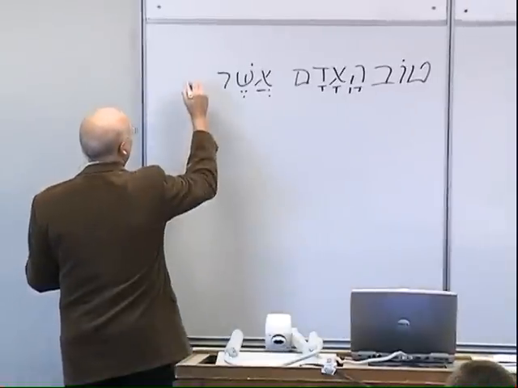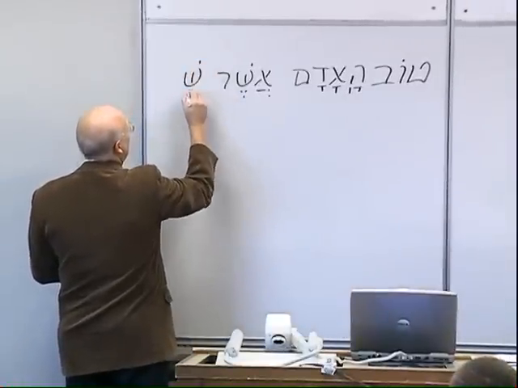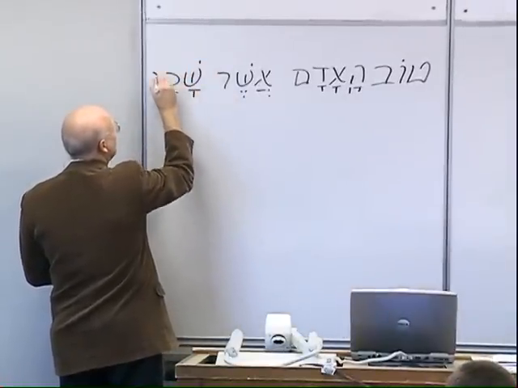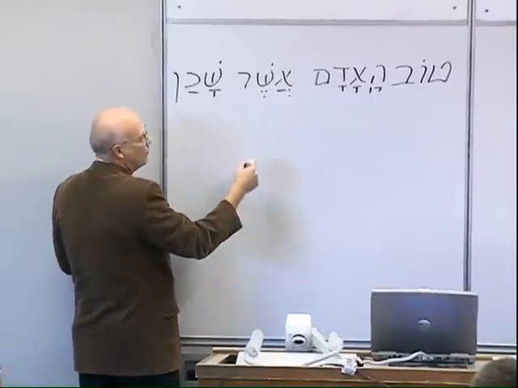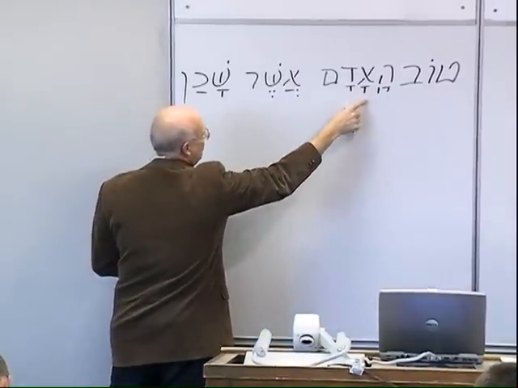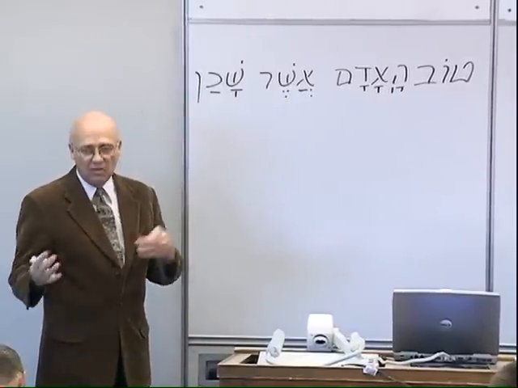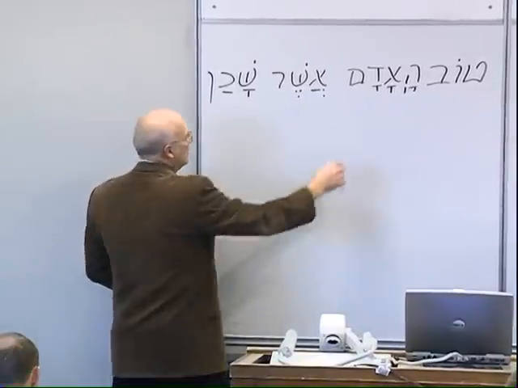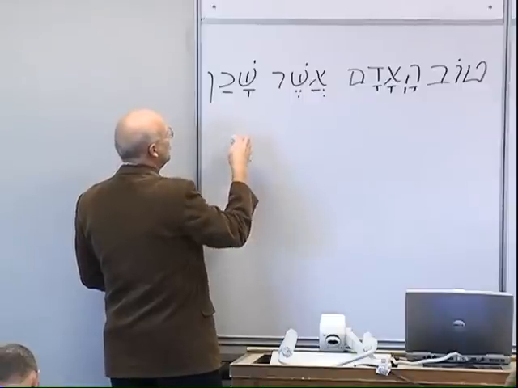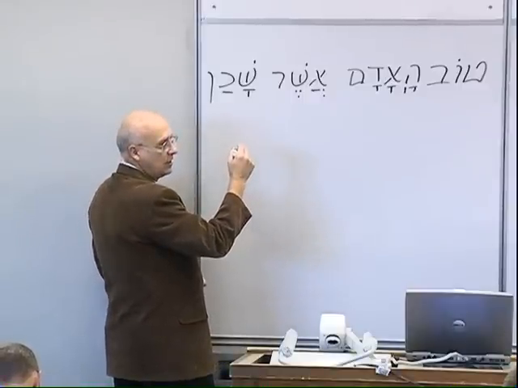Okay, you can use shakan. And notice here, we're just going to use the third masculine singular form that we've learned in our vocabulary because this is third masculine singular. It's the man. So you refer to the man with he. All right. So who dwelt, we could use shakan, and what else? Another verb.